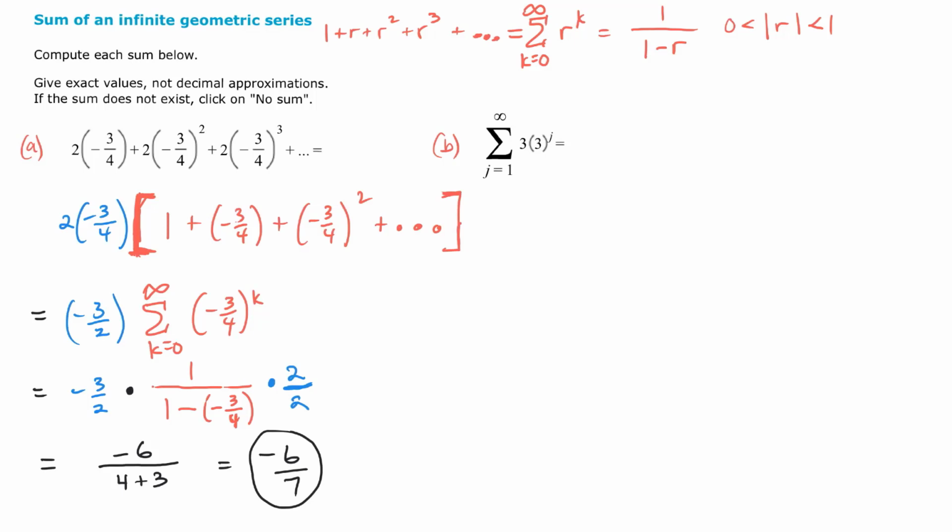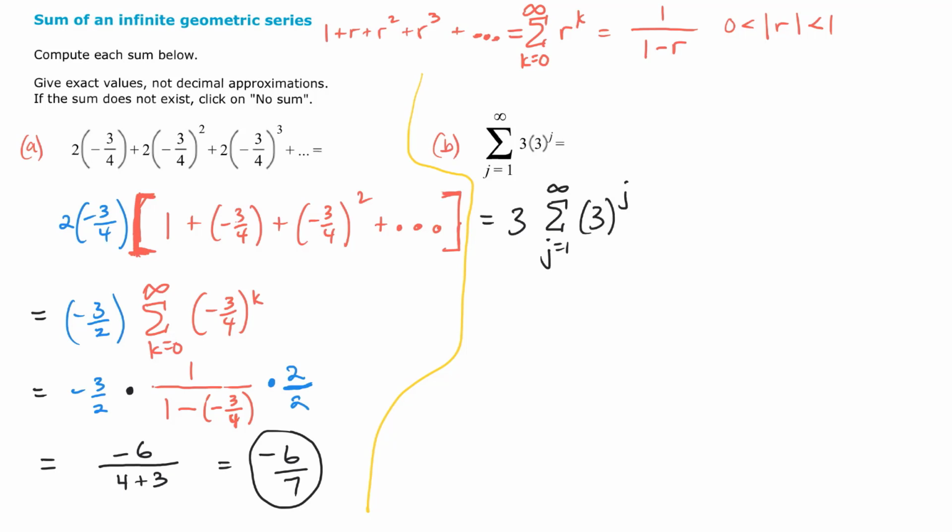Part B. Let me divide the page here. Well, once again, in part B, there's a greatest common factor. Why don't we factor that out? It's a 3. And now we have a summation of j equals 1 to infinity of 3 raised to the j power.